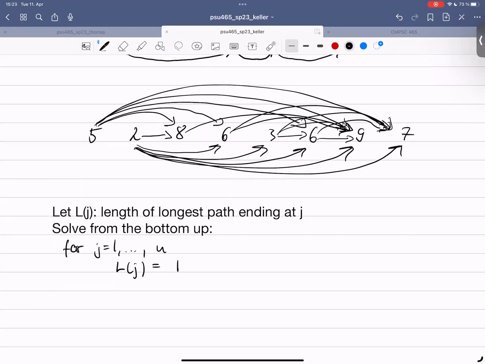Any suggestion what I have to write here? So what is the longest path ending at j? We have this 1 extra edge, and then we said that we can only go through a predecessor. So we have to look at edges ij in this case. So let's look at all Li's with ij being an edge in this graph.